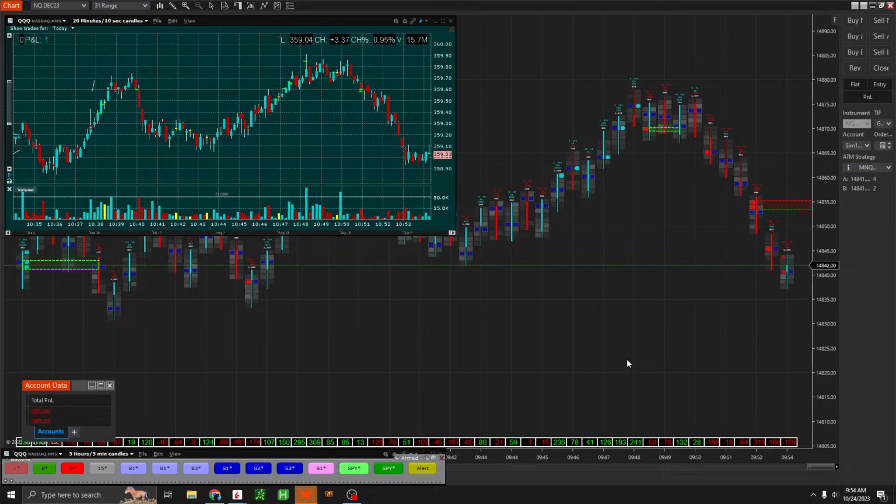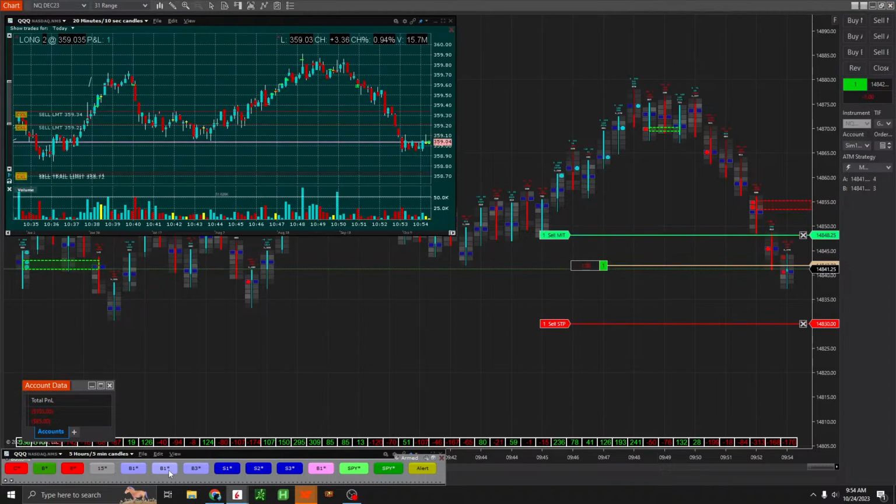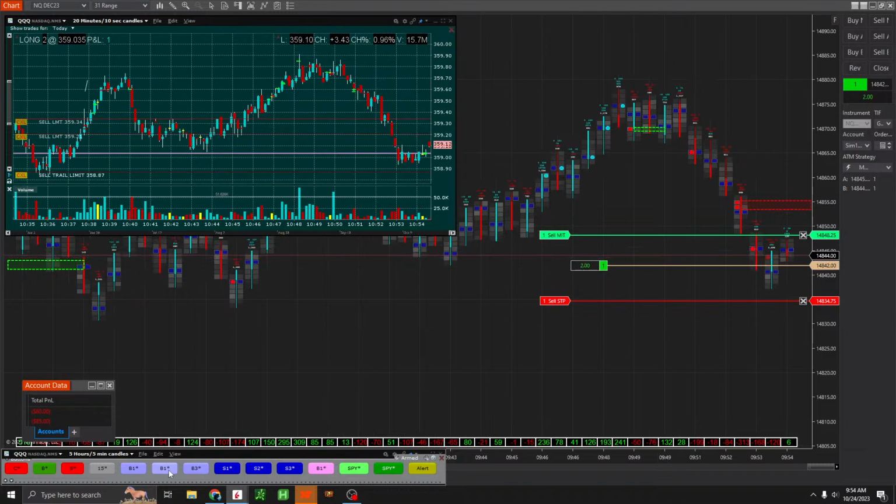Building up pretty decent nodes on the high on ES. Little node at 80, 75, 82. This would repair the gap from yesterday, so that's completely repaired at this point.